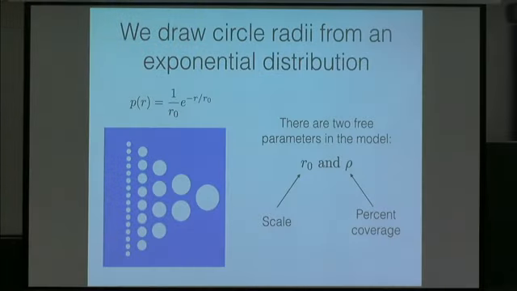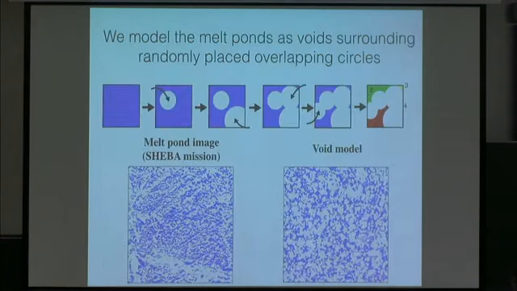Your only parameter there is the scale length, but not a pond density. Oh no, the only parameter for the distribution of the radii is the scale length, but this other parameter is what fraction of the surface is covered. How many of these circles do you throw around? So it's what size of the circles and how many you place. Right, yeah, I just missed that.